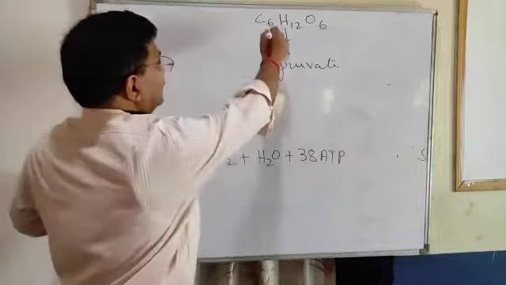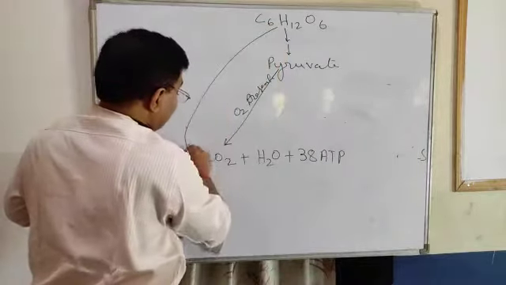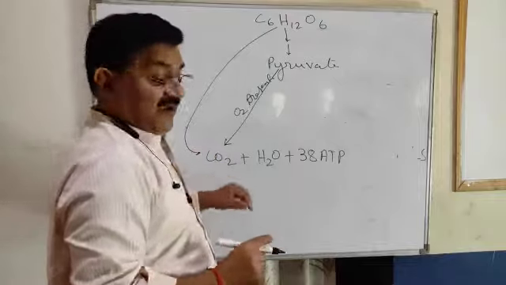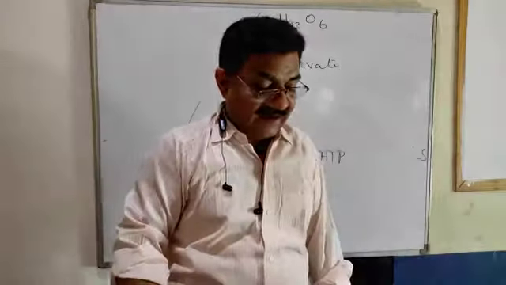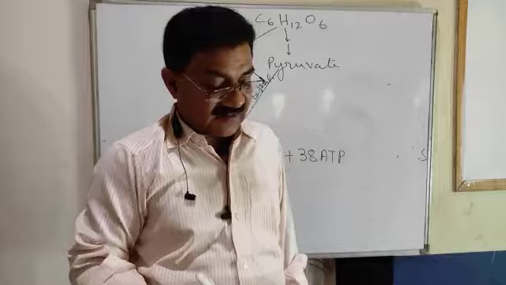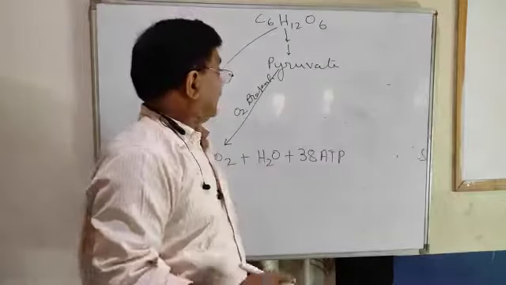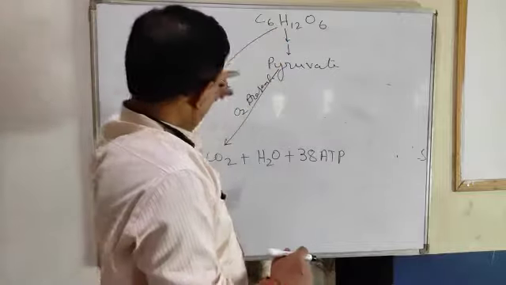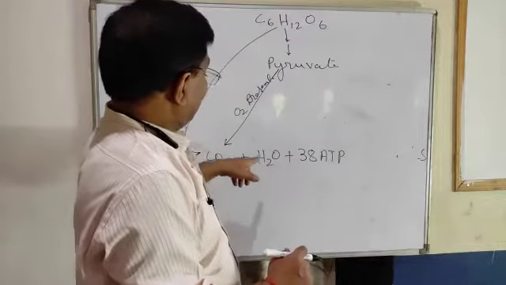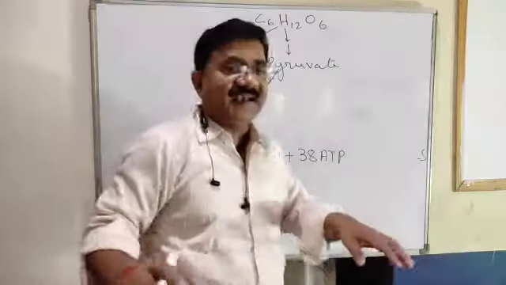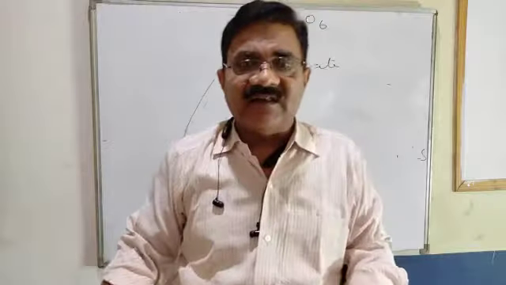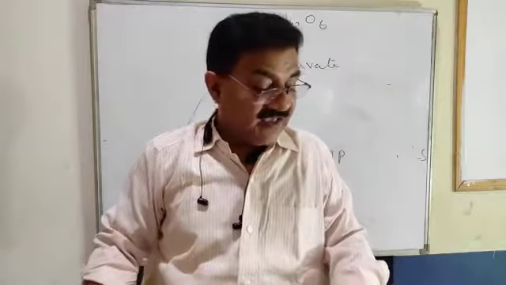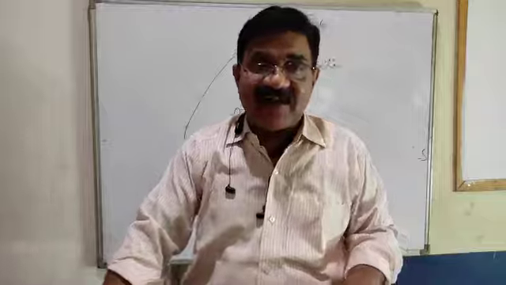Try to understand. The process by which glucose changes to carbon dioxide, water vapor, and 38 ATP energy, that process is called aerobic respiration.